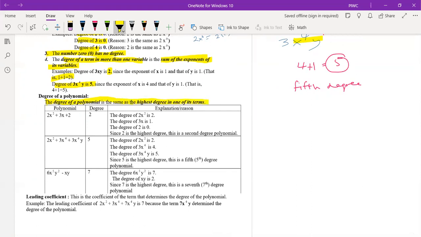So let's say we've been given 2x squared plus 3x plus 2. Let's determine the degree. To determine the degree, we'll take each term. So let's begin. If I take the first term, 2x squared, what is the degree of 2x squared? Okay, only one variable here. So the exponent is the degree. So that is 2.